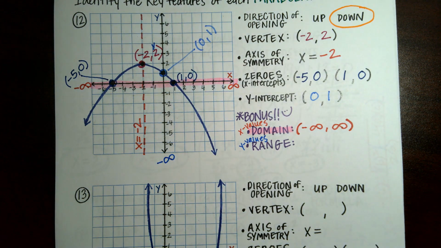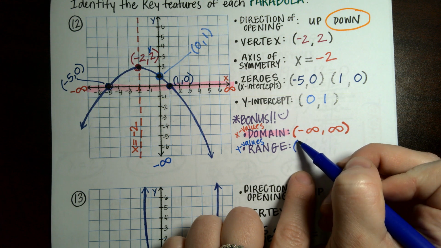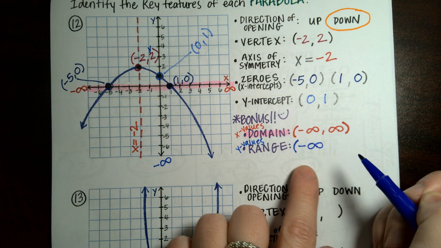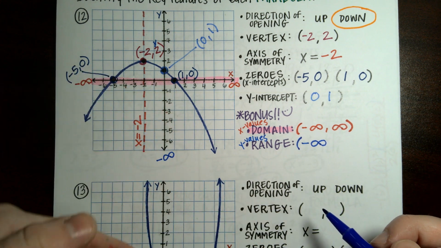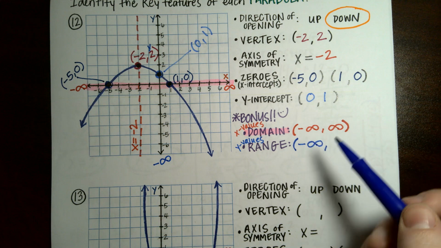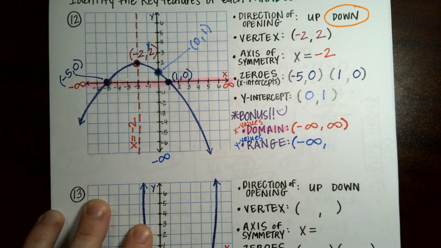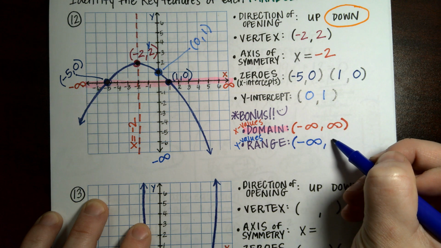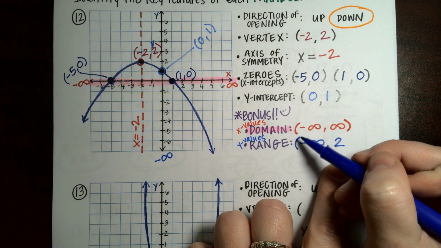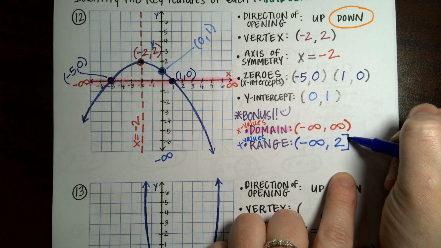So our range, we're going to write it the same way as domain. We start with the parentheses, and we always start with the smaller number, which in this case is negative infinity, comma, and then we go to our highest number, which in this case is positive 2. Now, instead of a parenthesis, we put a bracket for the number.